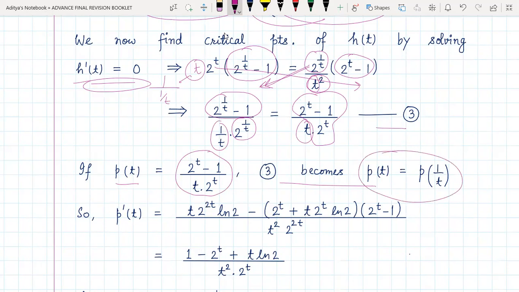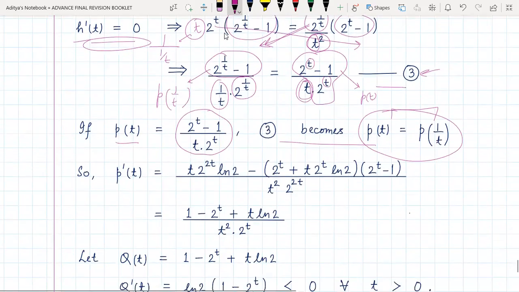The reason is, if this is p of t, it is very easy to observe this left hand side would simply be p of 1 by t. Everywhere where we had t, it has been converted into 1 by t. So that's the reason why equation number 3 becomes p of t equal to p of 1 by t.